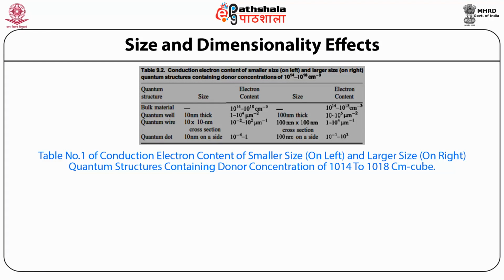We are accustomed to studying electronic systems that exist in three dimensions and are large or macroscopic in size. In this case, the conduction electrons are delocalized and move freely throughout the entire conducting medium, such as a copper wire.